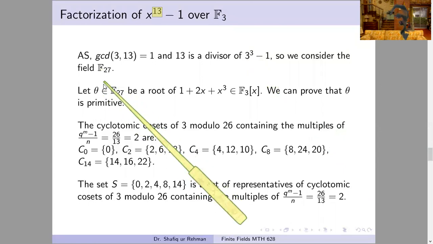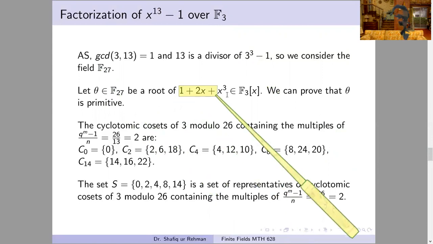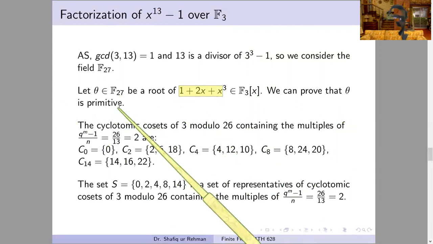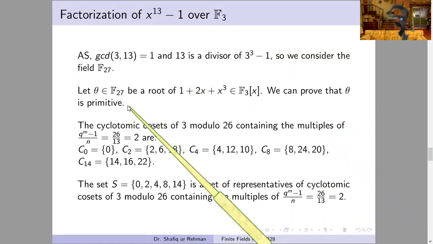And now we choose a primitive element theta, which is a root of this polynomial. We can prove that theta is primitive, that is, the order of theta is 26. If you prove that the order of theta is not 1, not 2, and not 13, then the order of theta must be 26 by Lagrange's theorem.